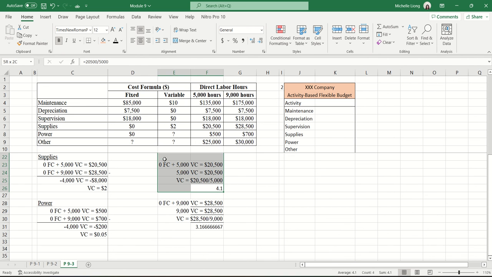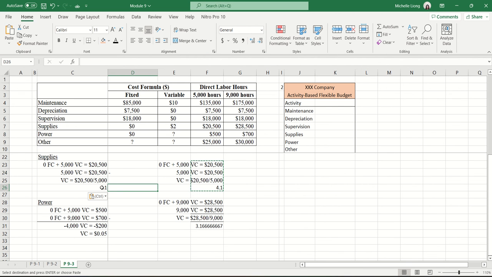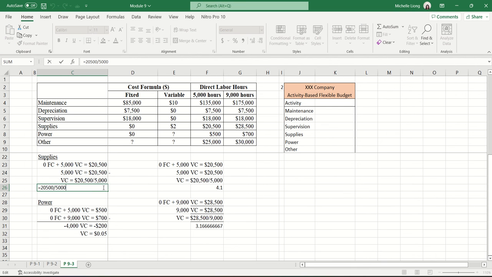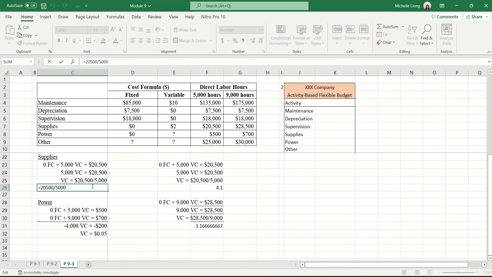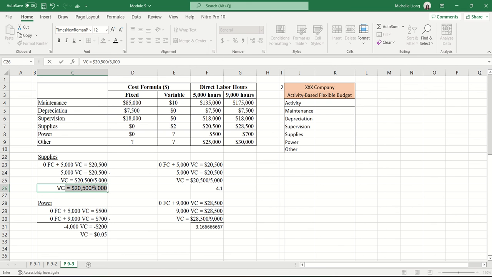So we are going to use this one. Okay, I hope you understand on this one. It's a bit tricky, but I hope you guys can understand. Okay, so we are going to use this one. It's 4.1. So right here, write it down that VC is equal to 4.1.